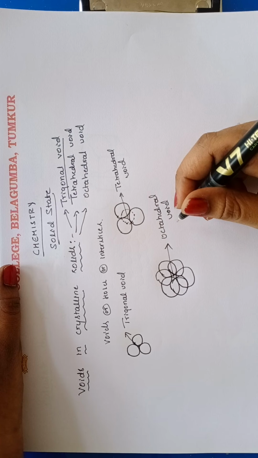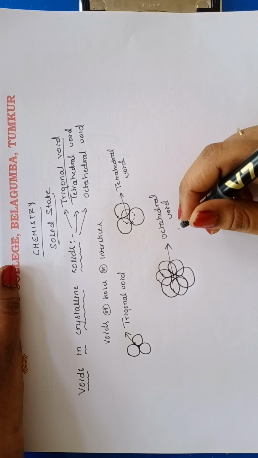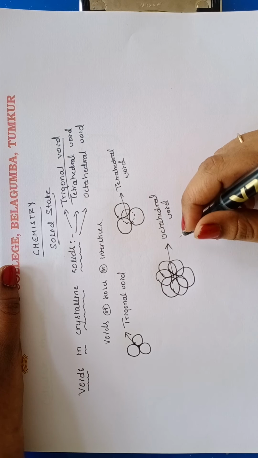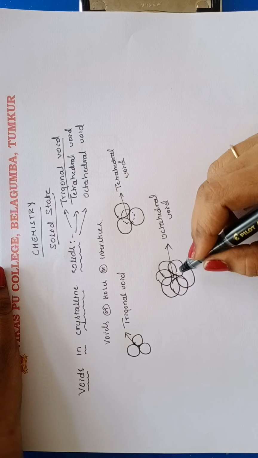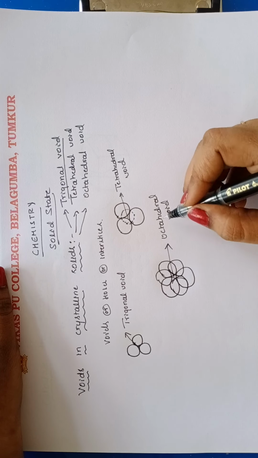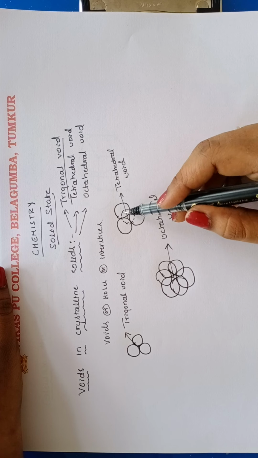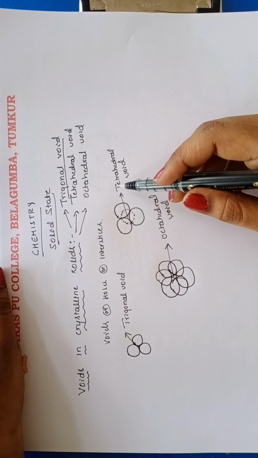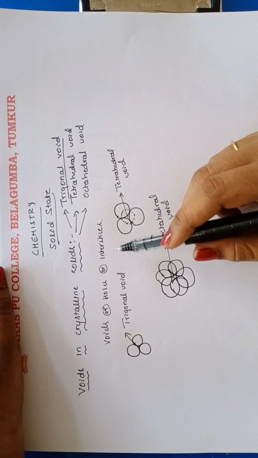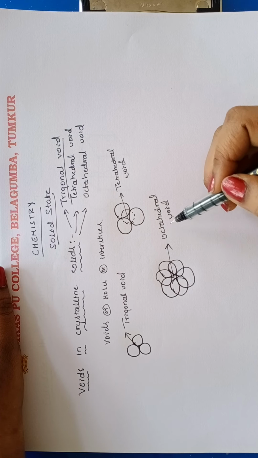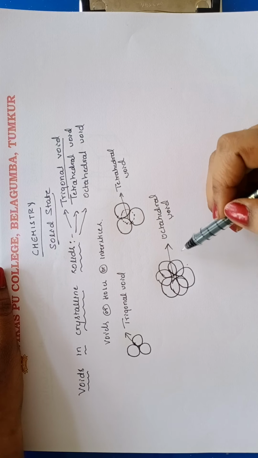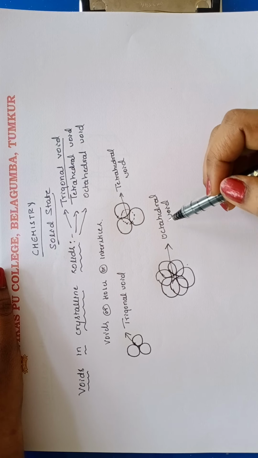When the centers of these six spheres are joined, an octahedron is formed. Hence the void is called an octahedral void. If the centers of the four spheres are joined we get a tetrahedron, that's why it's called a tetrahedral void. If the centers of the six are joined we get an octahedron, that's why it's called an octahedral void.